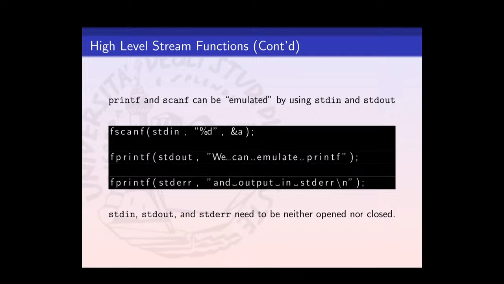So if you want to use fscanf as scanf, you have to use the reserved variable stdin, which is a standard variable meant to represent the standard input. For printf, you have stdout or stderr. Okay? These specific file descriptors should not be opened or closed. They are opened and closed by default.